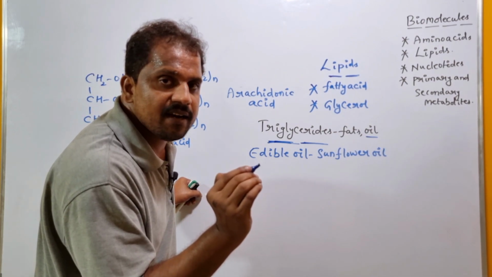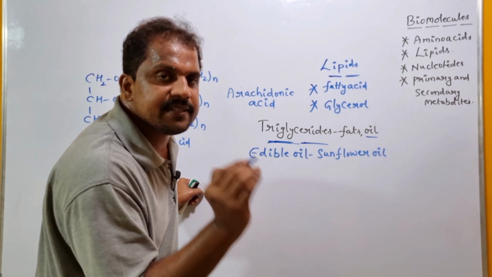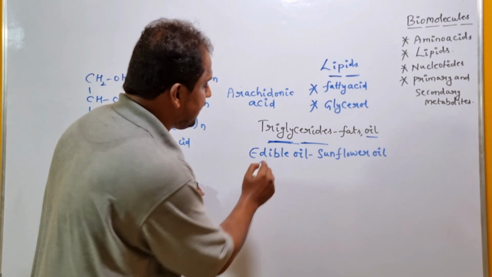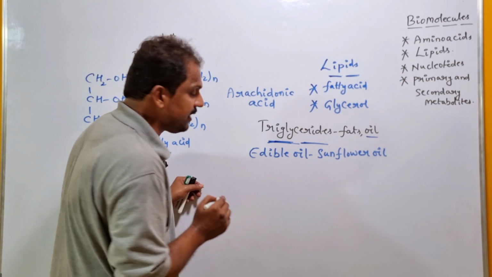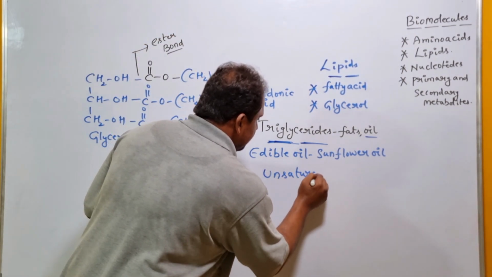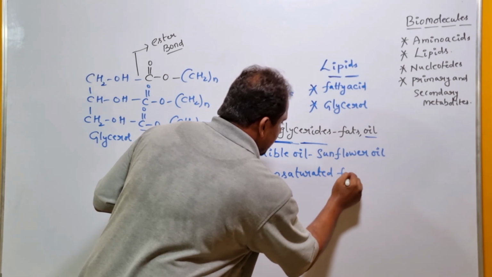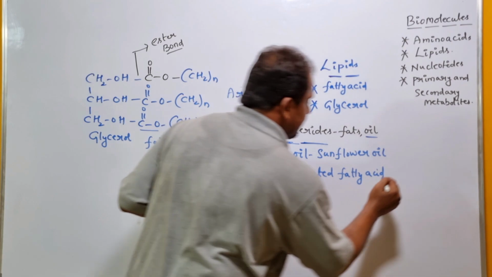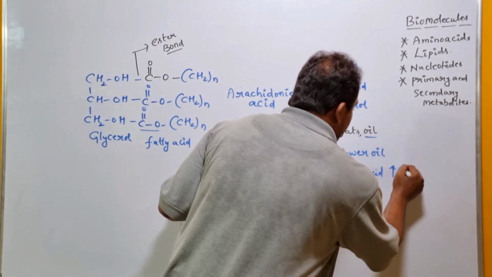The concentration of unsaturated fatty acids is comparatively higher in comparison with the saturated fatty acids in case of edible oils. Is it clear? Unsaturated fatty acids are present at a higher proportion in edible oils.